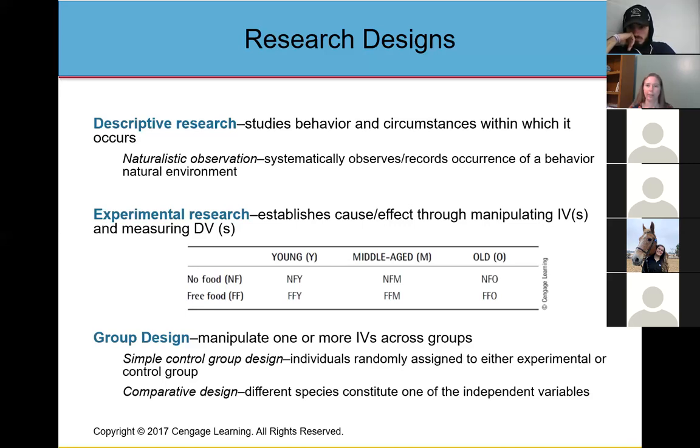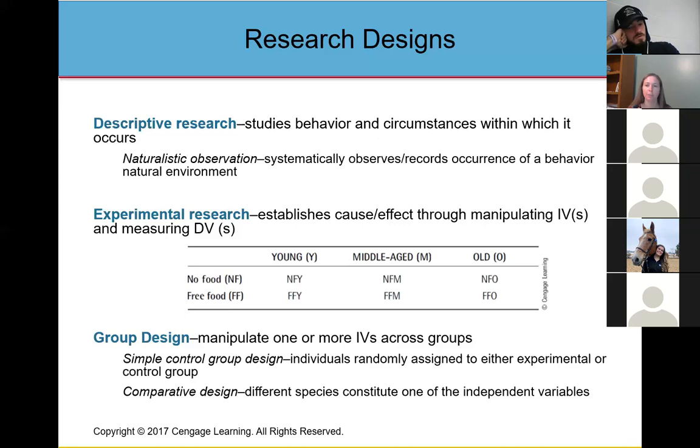So do we see differences in the amount of time that you play and the type of game that you're playing? That's going to be a factorial design where we have multiple independent variables: the length of time that you're playing and the type of game that you're playing. So that would be an example of a factorial design.